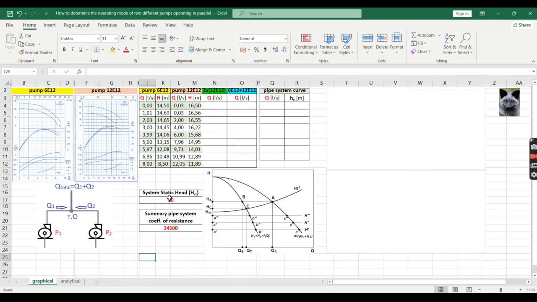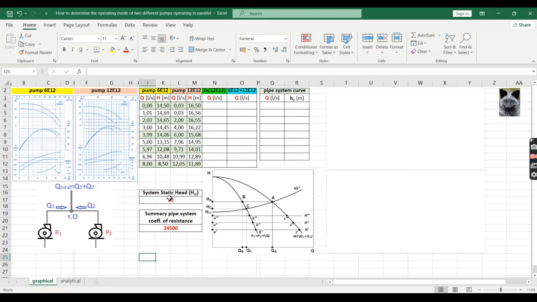Then, estimate the relevant pipe system coefficient K of resistance. Depending on the specific features of the system, an appropriate equation for calculating K should be selected. Whether or not to modify the general form of this equation is described in detail in another podcast.